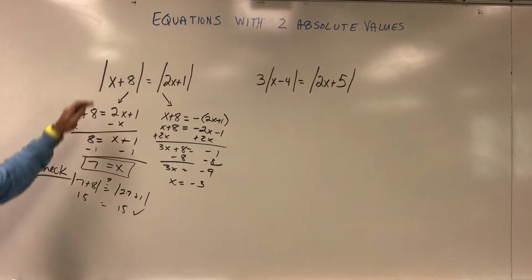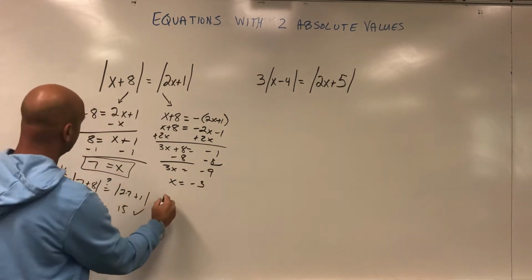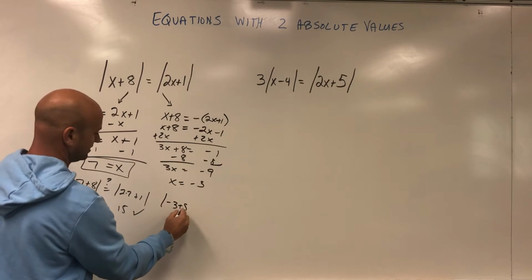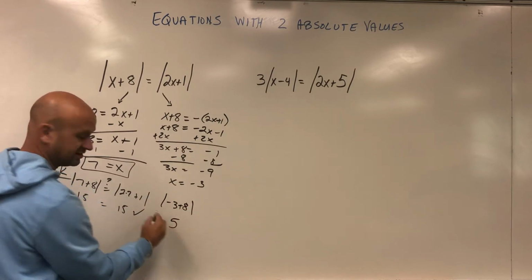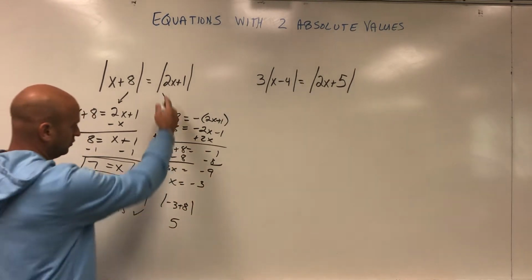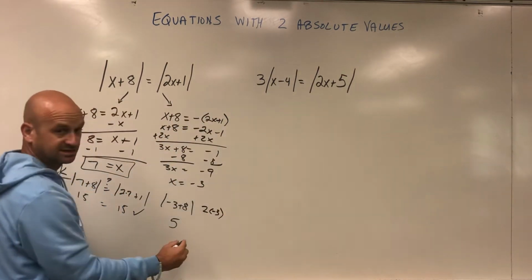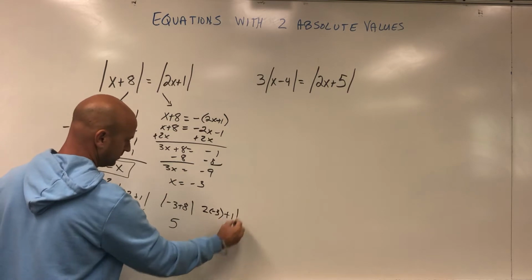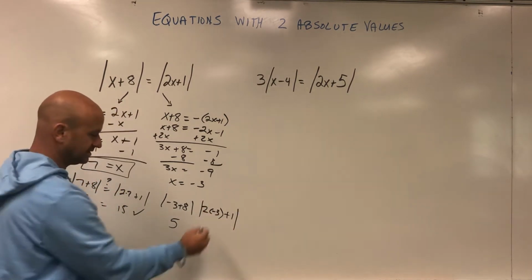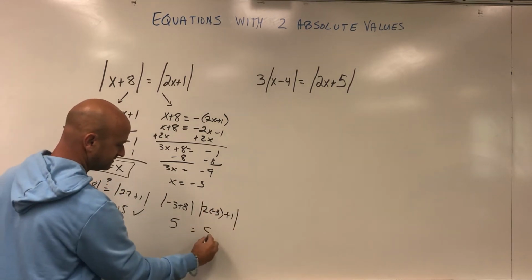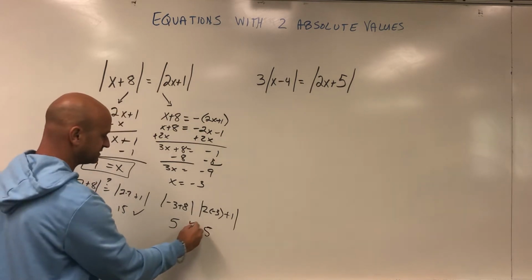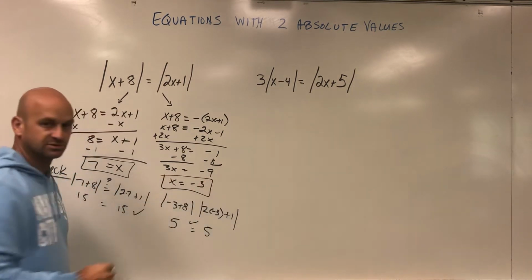Now what I want to do is plug it in. For our check, I have negative 3 plus 8, and that's going to give me an absolute value of 5. Over on this side, I have 2 times negative 3, which is negative 6, plus 1. That gives me an absolute value of negative 5, which gives an answer of 5. So this is true, and this would be a solution.